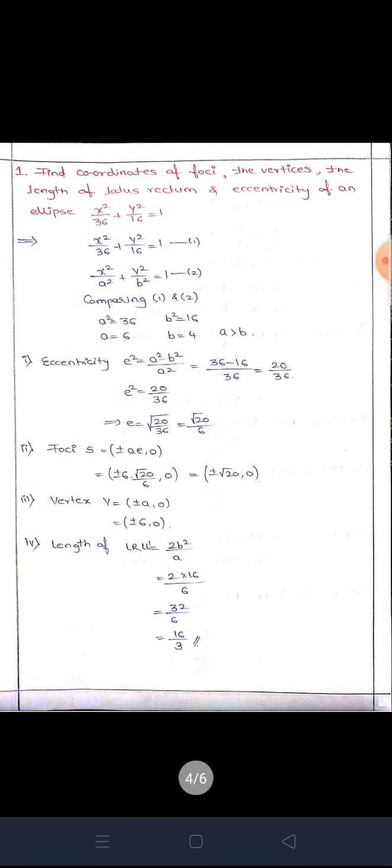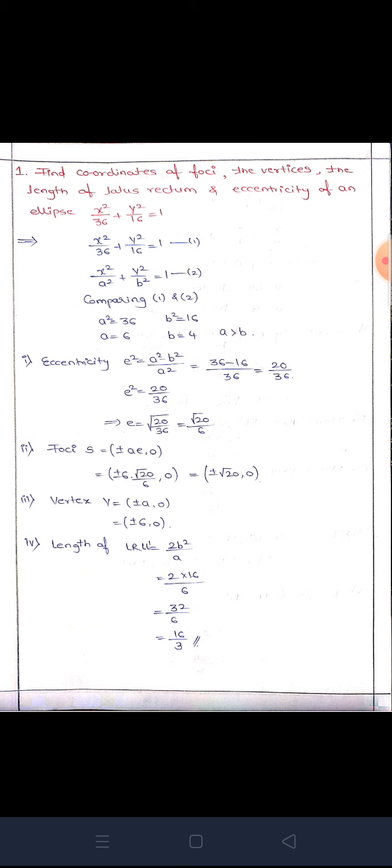First example: find the coordinates of the foci, the vertices, the length of the latus rectum and the eccentricity of the ellipse. What is the given equation? x squared divided by 36 plus y squared divided by 16 equals 1.